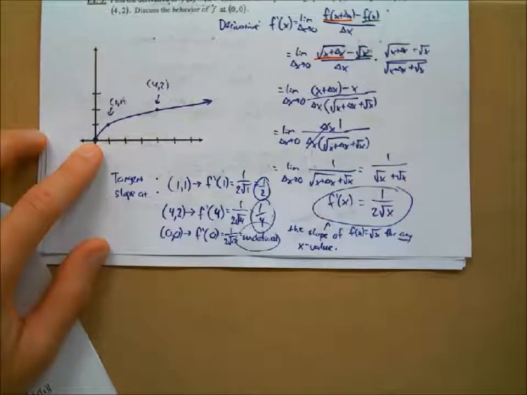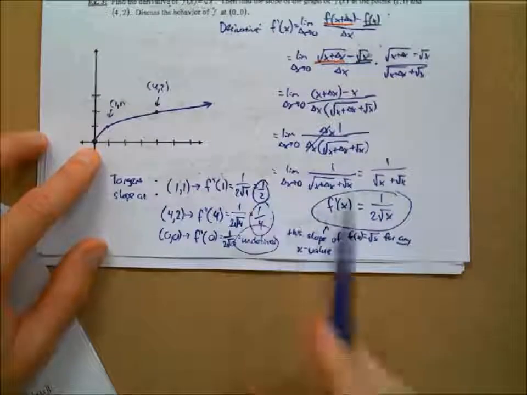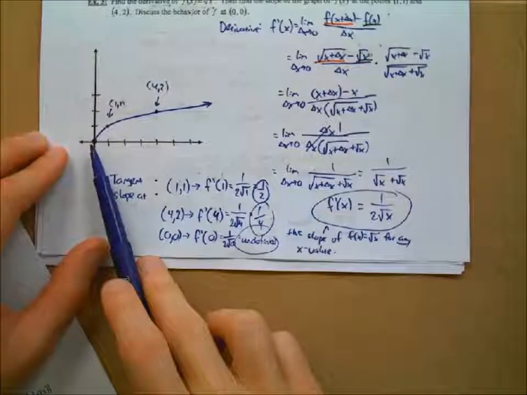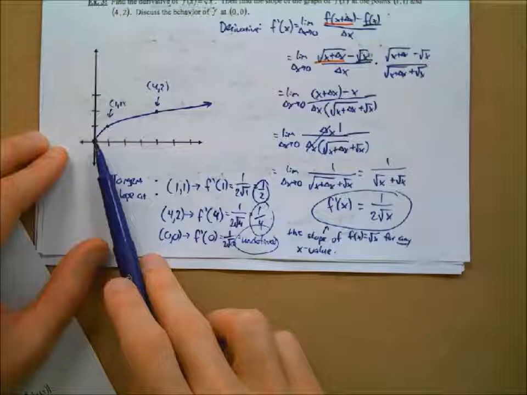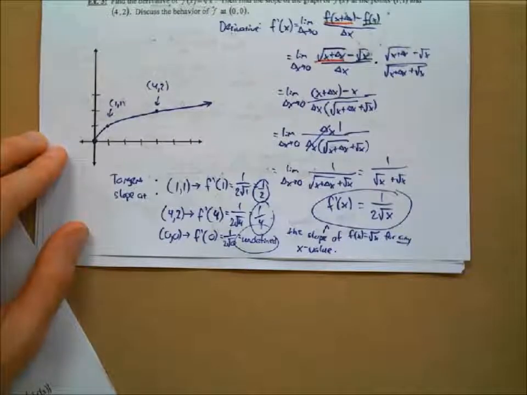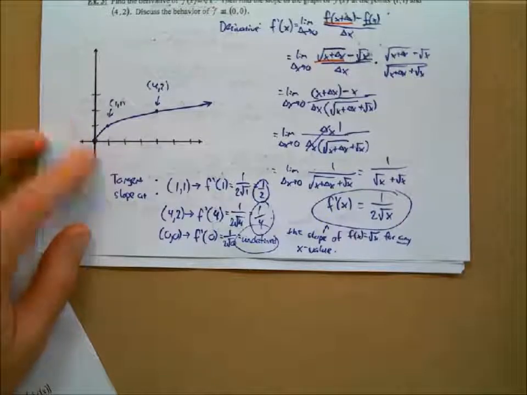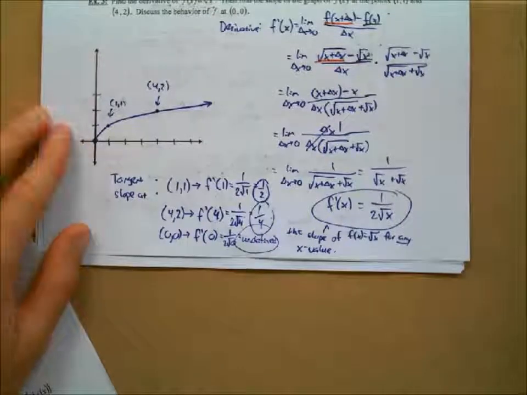Which is a weird behavior we haven't come across when it comes to derivatives. But if we think about it here, remember that the derivative is like a limit. And here, this limit does not exist. We can't find a limit as x approaches 0 here. We have no left side behavior there. So the limit would not exist there, and so the derivative is undefined. Derivative does not exist there because the limit doesn't exist. All right? Questions on any of that?